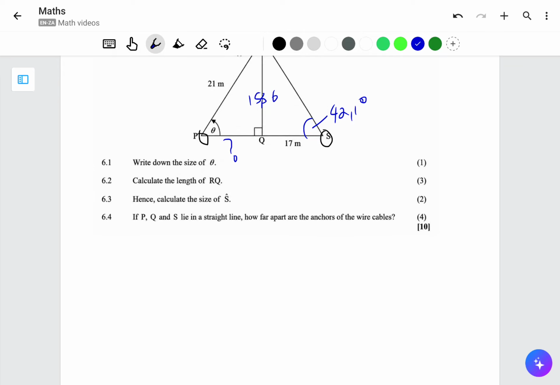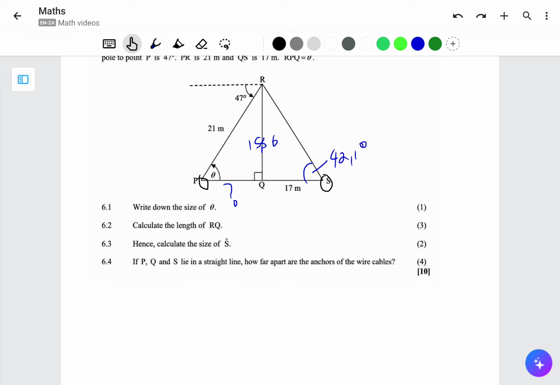So let's look at this. For 6.4, we're going to have RQ squared plus PQ squared equals PR squared. So what's that going to give you?